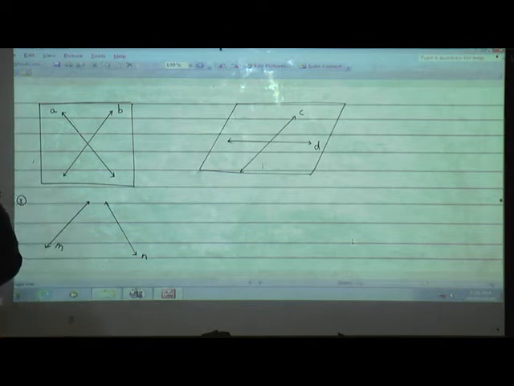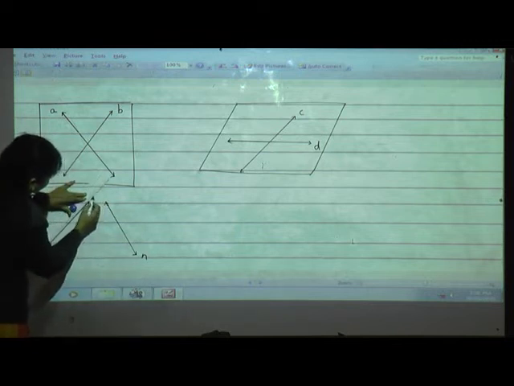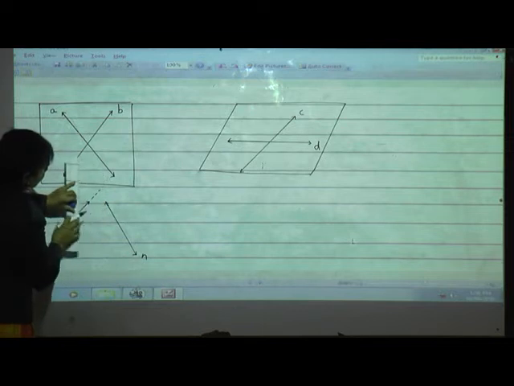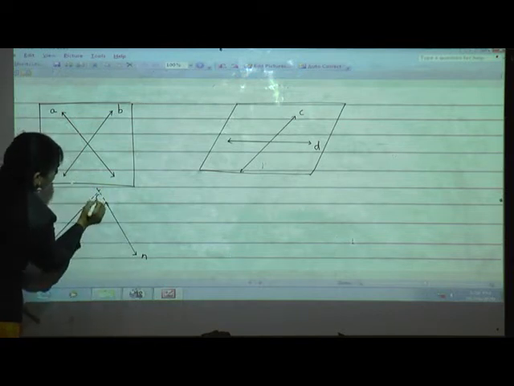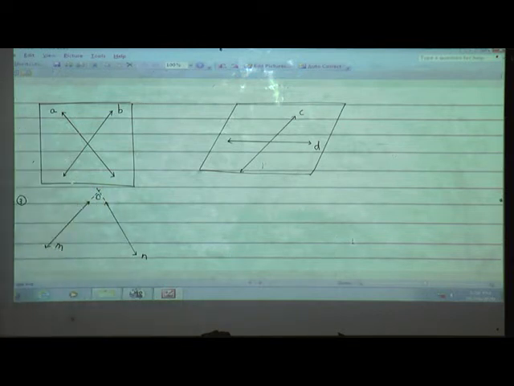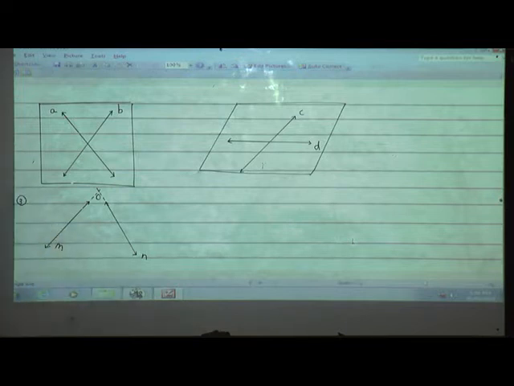No? Yes, they are intersecting lines, because when we extend these lines, see, if I extend these lines, here they are going to meet each other, see, at point O. So these are intersecting lines. Now you have understood intersecting lines? Yes. We will see our next point.